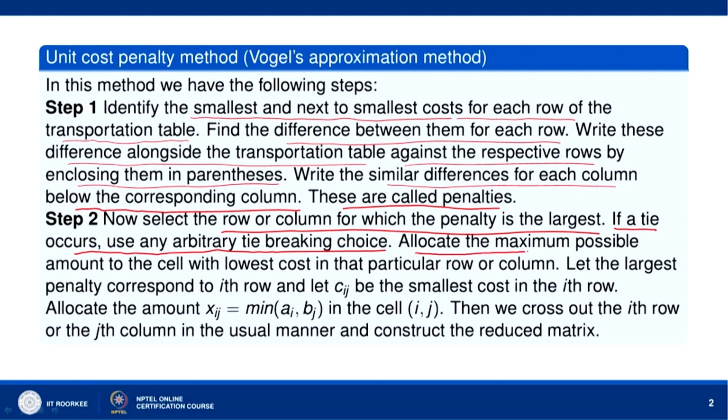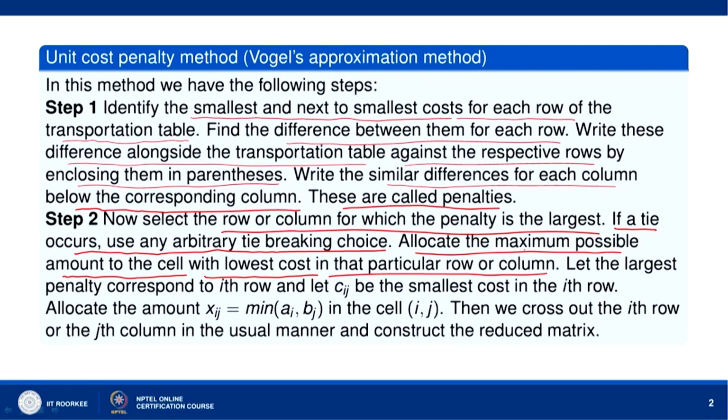Now, allocate the maximum possible amount to the cell with lowest cost in that particular row or column. So, we identify the penalty which is the largest, then in that particular row we identify the column which has the lowest cost. In that cell we allocate the maximum possible amount.